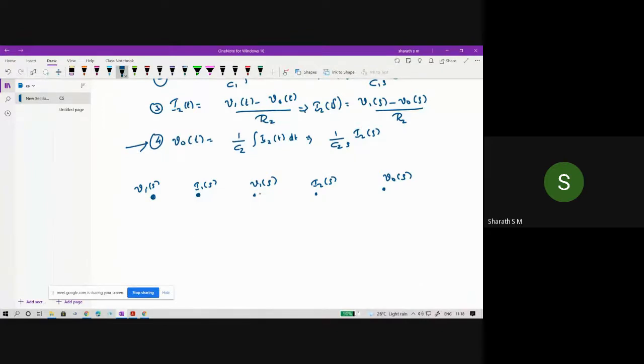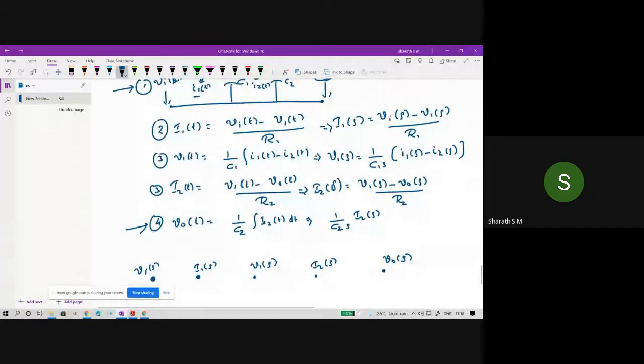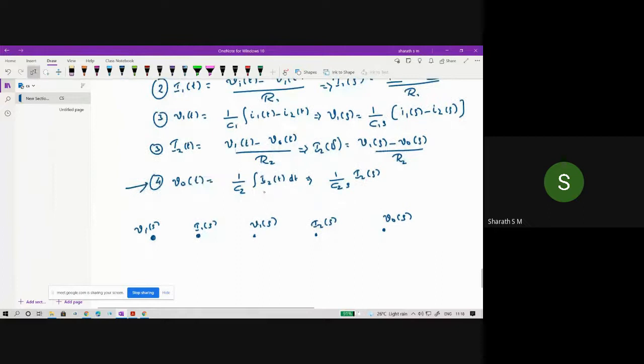Now, starting from the first equation, I1 is equal to Vi of S minus V1 of S divided by R1. That indicates Vi by R1 minus V1 by R1. So I1 is equal to Vi of S by R1. That is the forward path. Wherever we have a positive, that is the forward path. Wherever we have a negative, that's the feedback path.